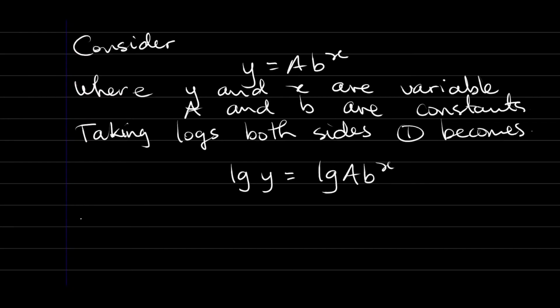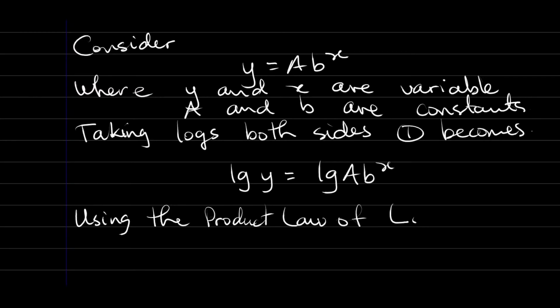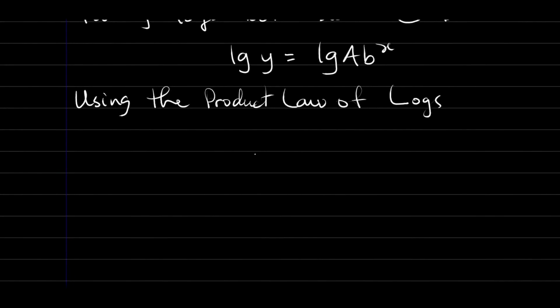And we can use the product law of logs, so we can make this look like this: log y equal to log a plus log of b to the power of x. And I'm sure you know how I bring down that power of x.